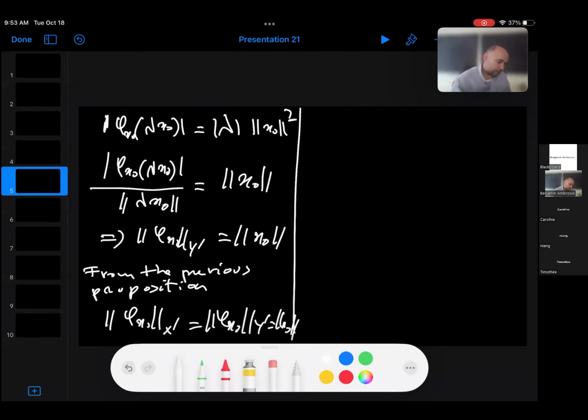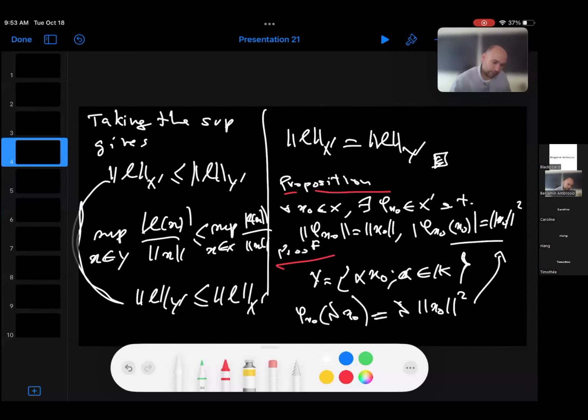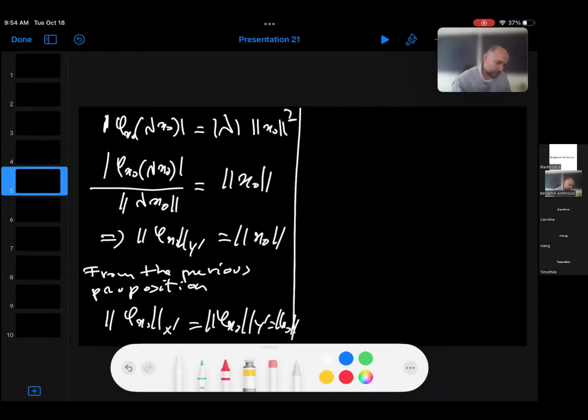And the other point is I got it by definition: if I replace lambda by 1, I get the other one. This implies that phi node of x node equals the norm of x node squared. I take that with lambda equals 1. That's it.